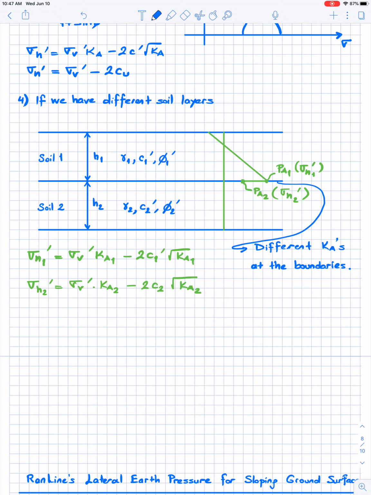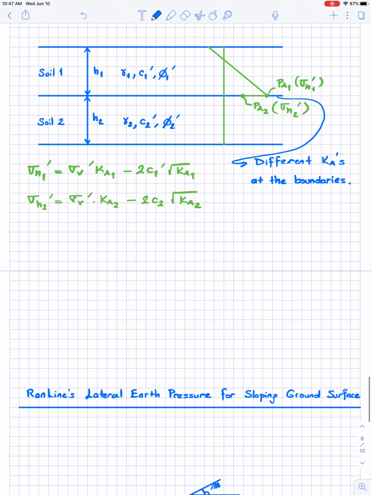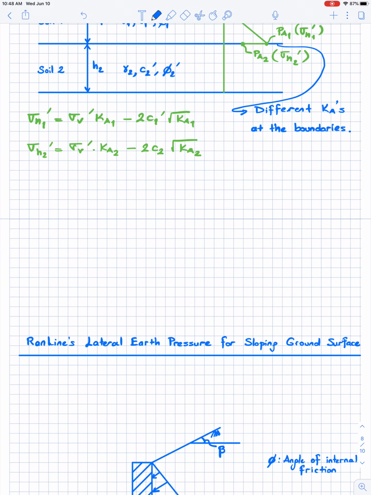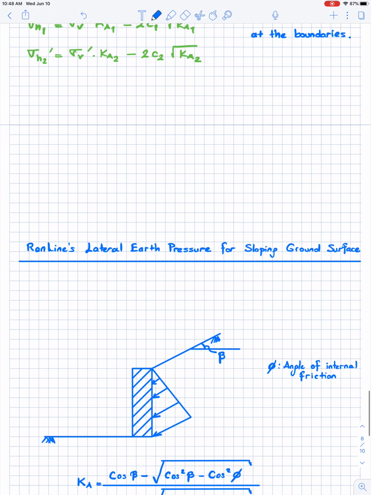Okay, so please note that you should be using different KAs, especially at the boundaries. That is important.